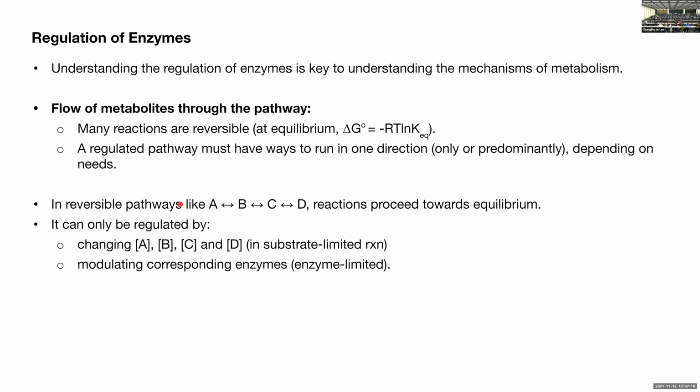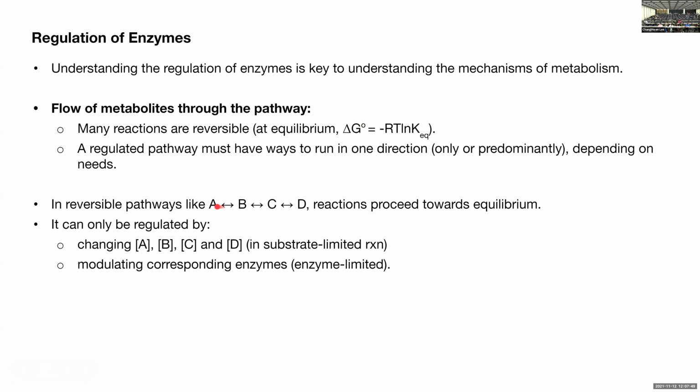Typically it's not just a simple reaction, A becomes B, right? There are lots of intermediates involved. So there are a lot of places where enzymes can play a critical role in driving certain reactions, and also a lot of places where enzymes can be regulated for modulating the speed or the overall process of metabolism.